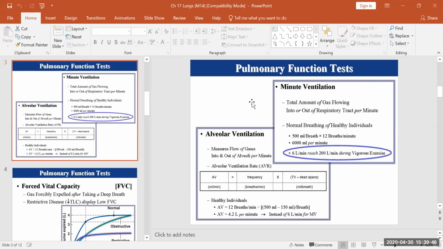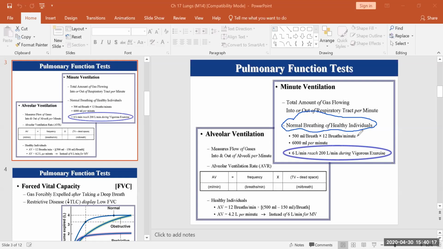Now, when we say minute ventilation, this is the amount of gas flowing in and out of our lungs or respiratory tract per minute. Like I said earlier, with normal breathing at rest, we take about 12 breaths per minute. So each breath lasts around 5 seconds.